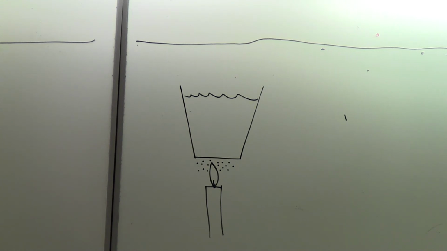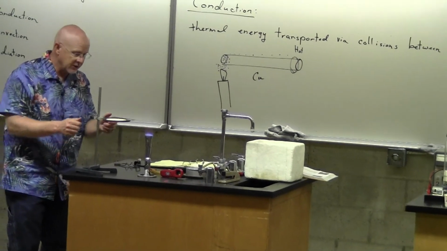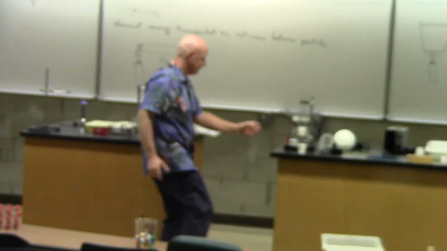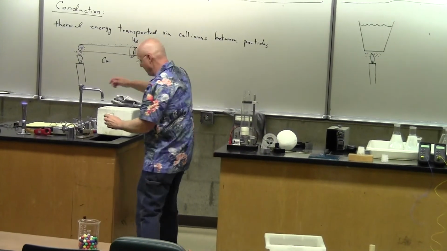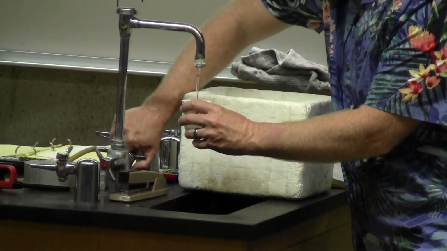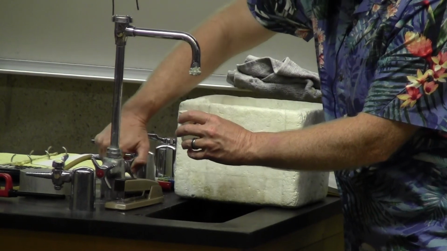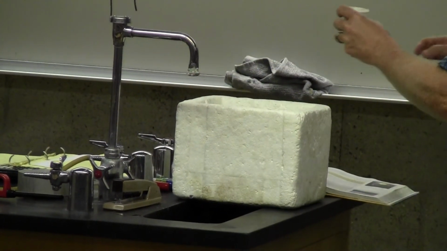I'll start getting ready to set it up here. Here's my burner. Here's my 1,000 degrees temperature. My paper cup, what I do with it, is over here. My water is right here.